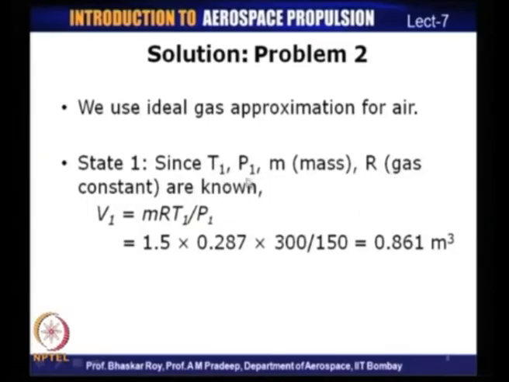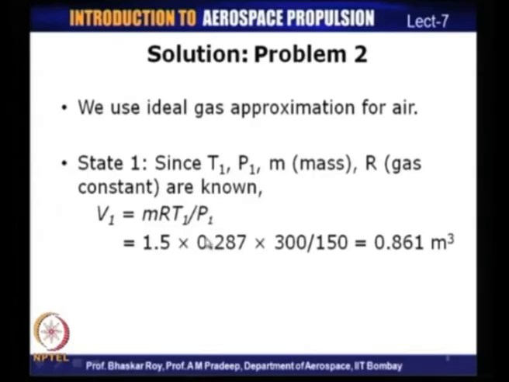Since temperature, pressure, mass and gas constant are known, and since we have approximated air to be an ideal gas, V1, the volume at state 1, will be equal to m R T1 divided by P1.